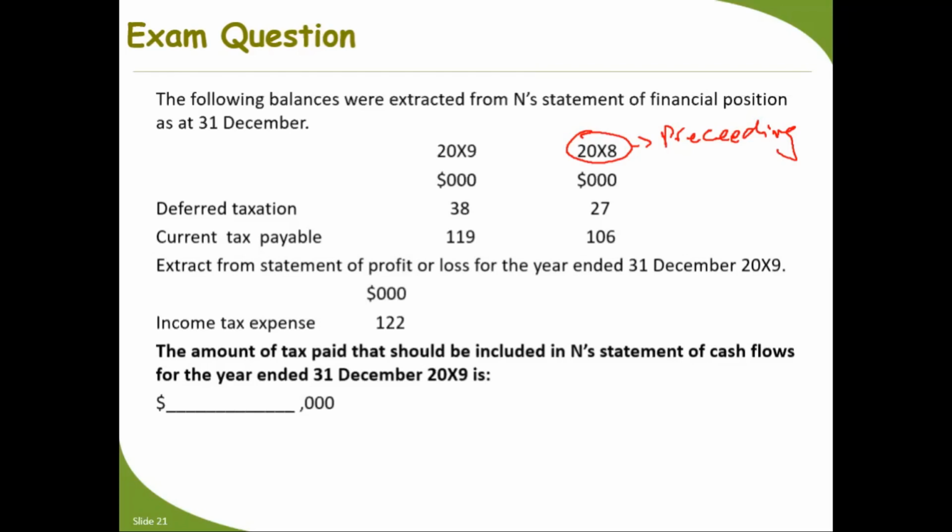Requirement is tax paid. Again, either we can use T format, which is opening balance. We will add both, 106 plus 27, is equal to 133. Brought down balance, then carried down balance is closing balance, which is 38 plus 119, 157.